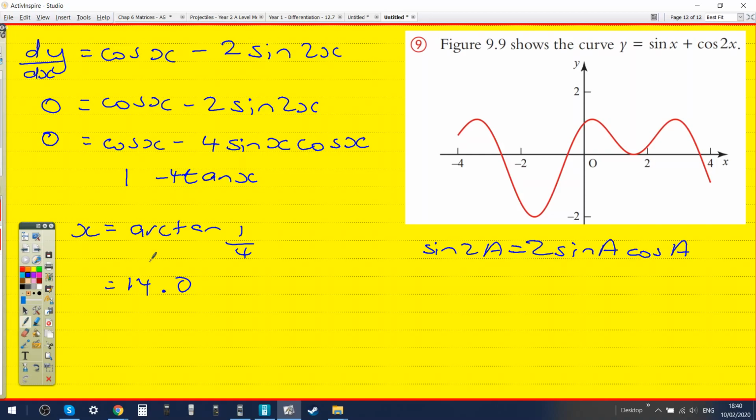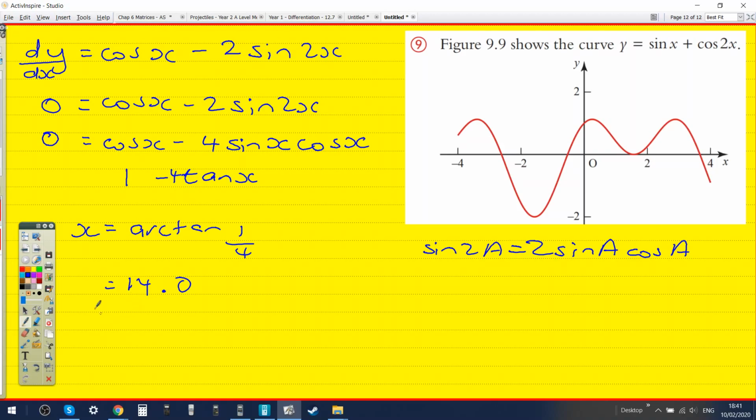And then you substitute that back into sine 14 plus cos of 2 times 14, which gives you one value.